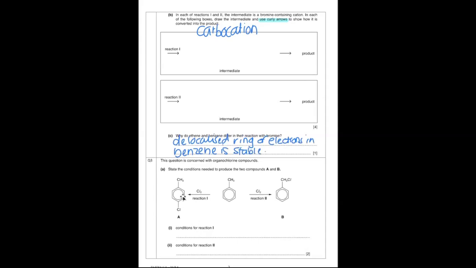Or you can say electrons in the pi bond of ethene is localized.